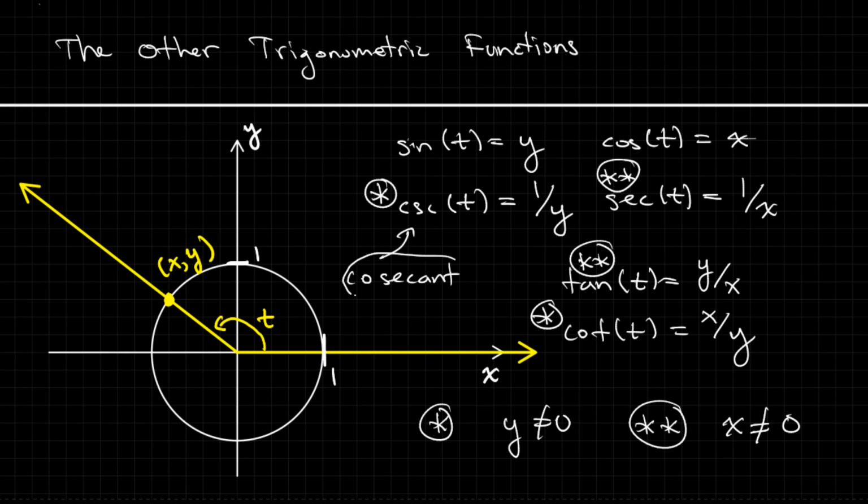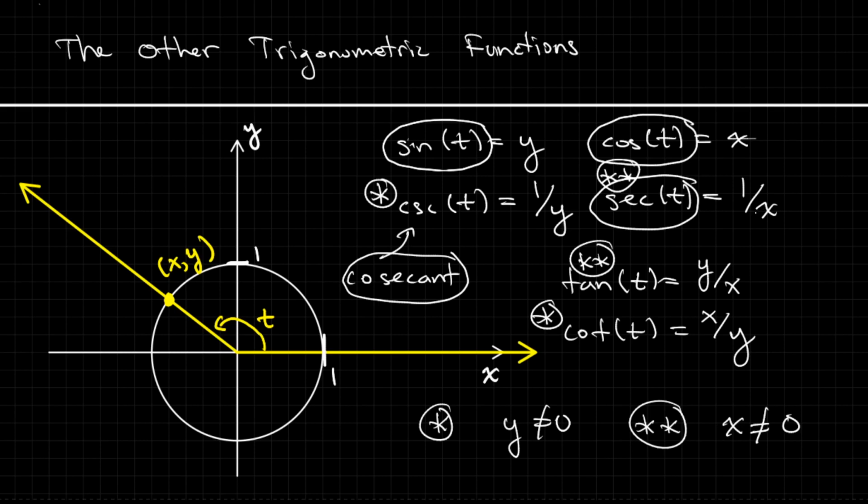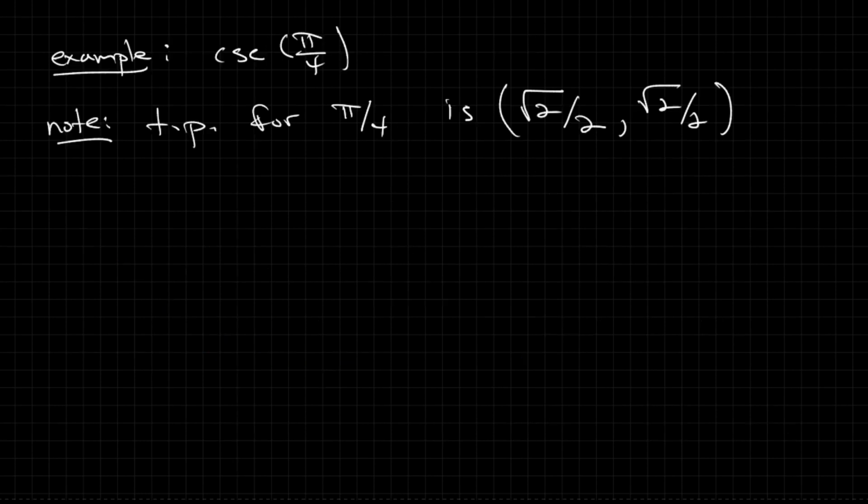These secant type functions, if there's a co on it, it gets paired or is related to the original without the co. So cosecant is related to sine, and secant itself does not have a co on it. So the function that it's related to is the original function with a co. So cosecant is 1 over y, and the y-coordinate here is root 2 over 2.